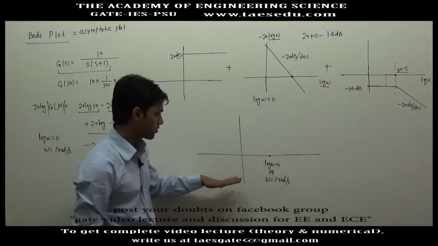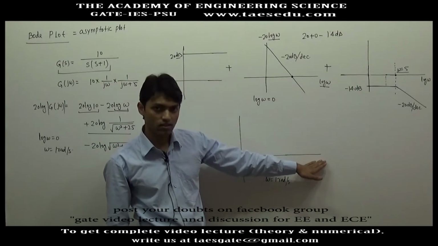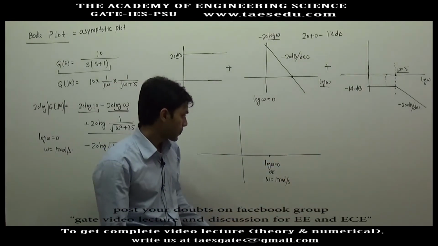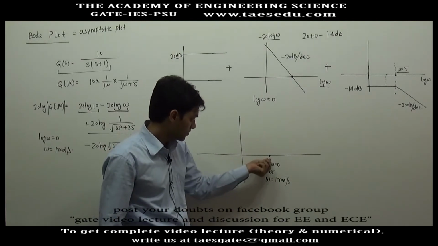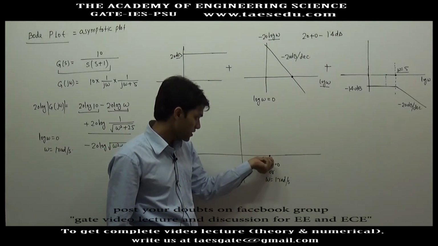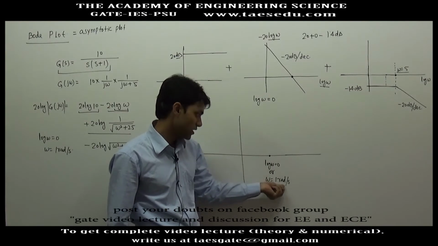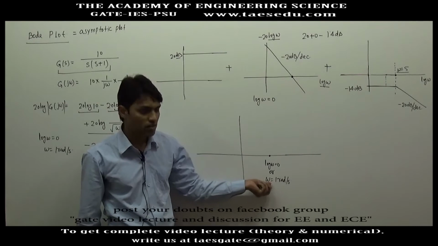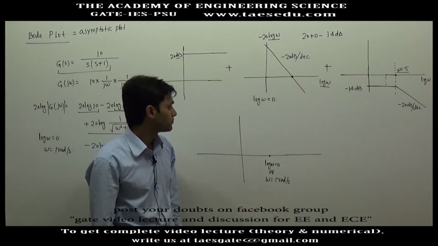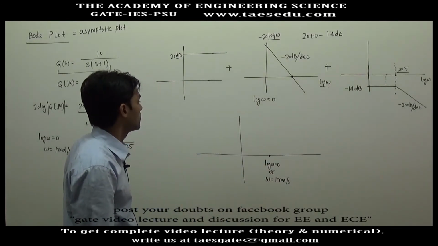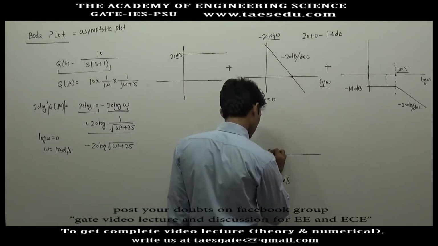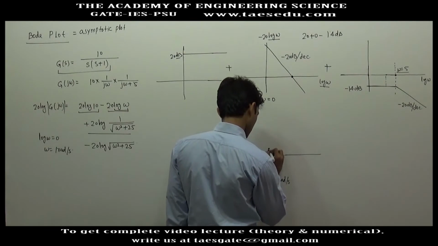In a Bode plot, you will often find that although the axis is log omega, the value of omega will be written at different points. That's why I have written that although the value of the axis at this point is 0, the value of omega is 1 radian per second. So at log omega equal to 0 we have 6 dB. Let's say this height is 6 dB.